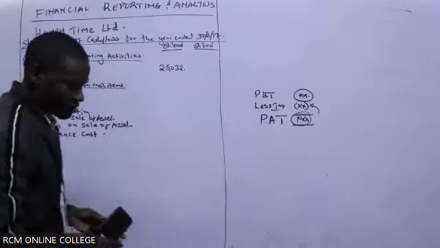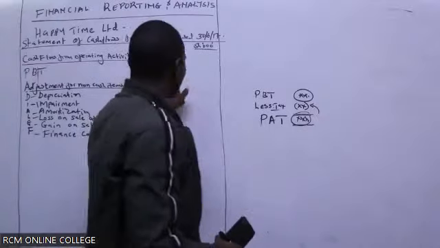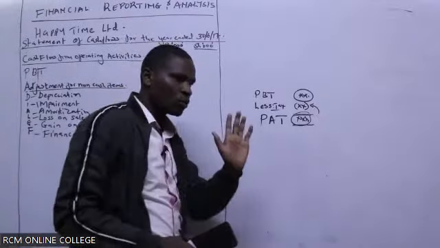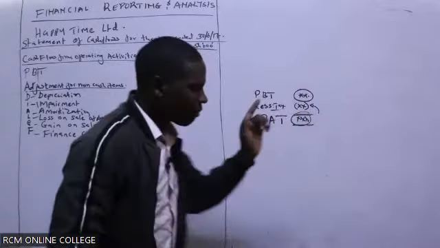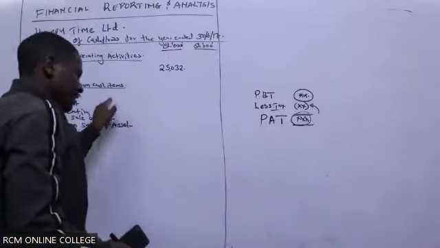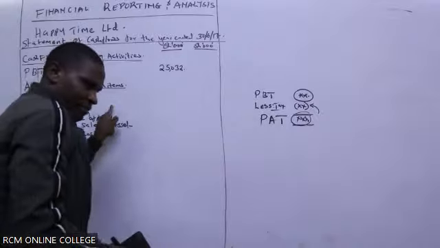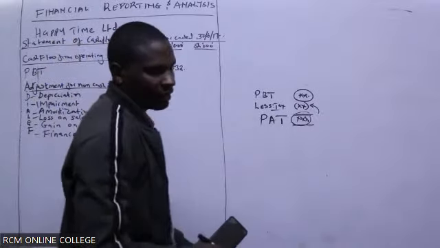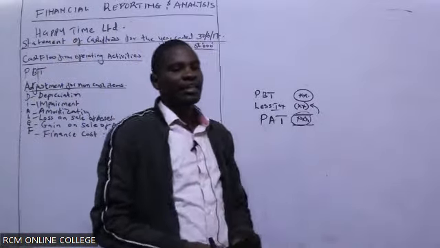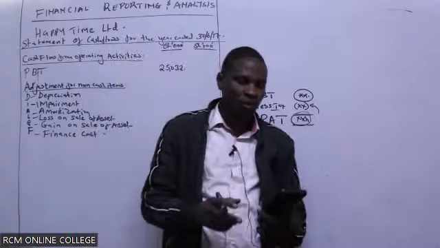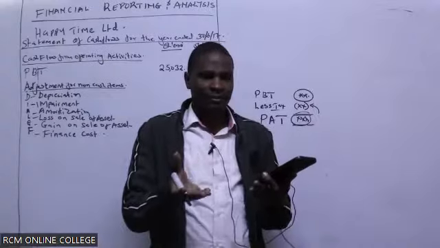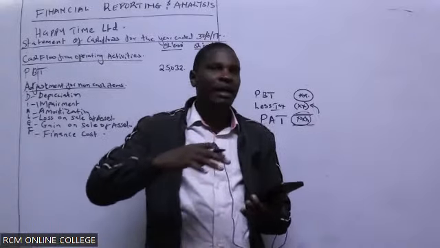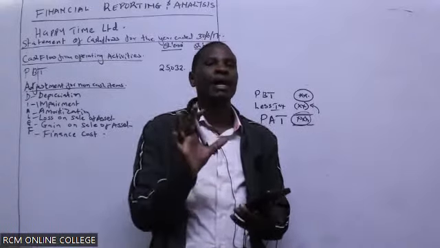Now class, what I said: once you get our profit before tax, just look upward. You look a little above to see whether there are easy items. Do we have any? And if yes, which ones? Just check above the profit before tax to see if they are there. If there are any, you put them as you move on.